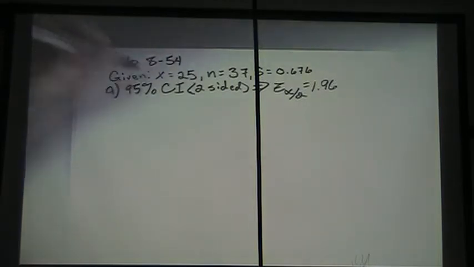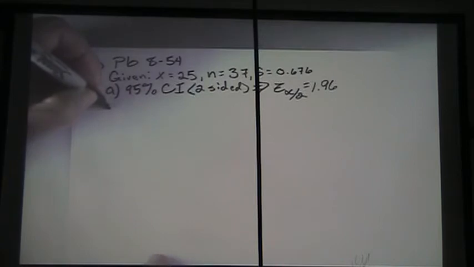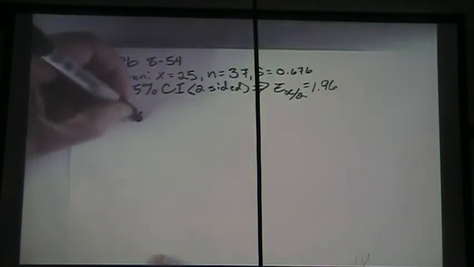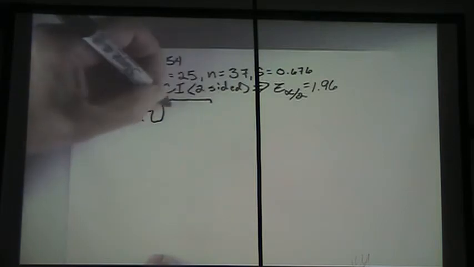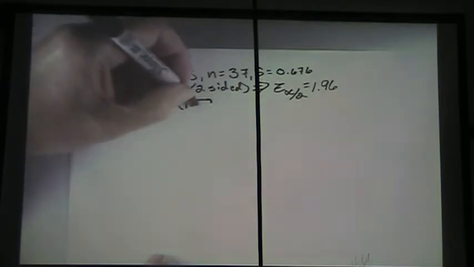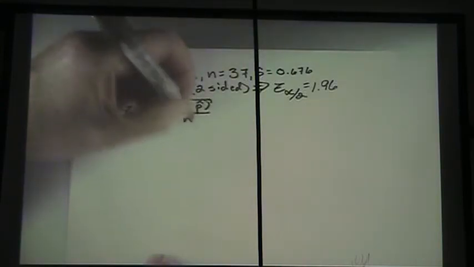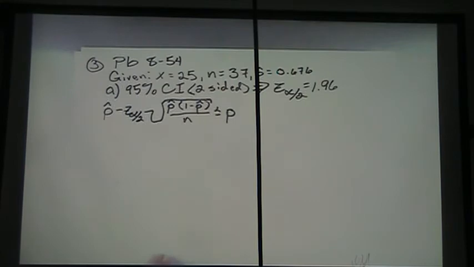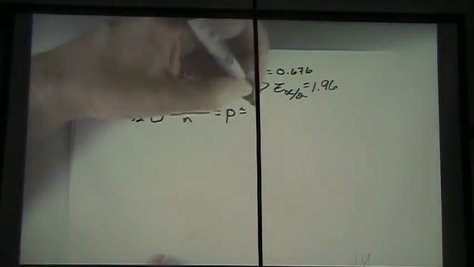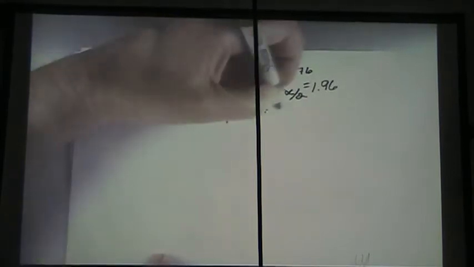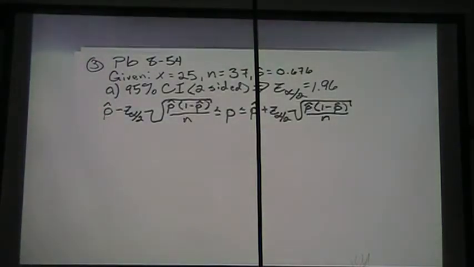We're going to start with our formula, which is p hat minus Z alpha divided by 2 times the square root quantity of p hat times the quantity 1 minus p hat divided by n is less than or equal to our binomial proportion less than or equal to p hat plus Z alpha divided by 2 times our square root quantity of p hat times the quantity 1 minus p hat divided by n.